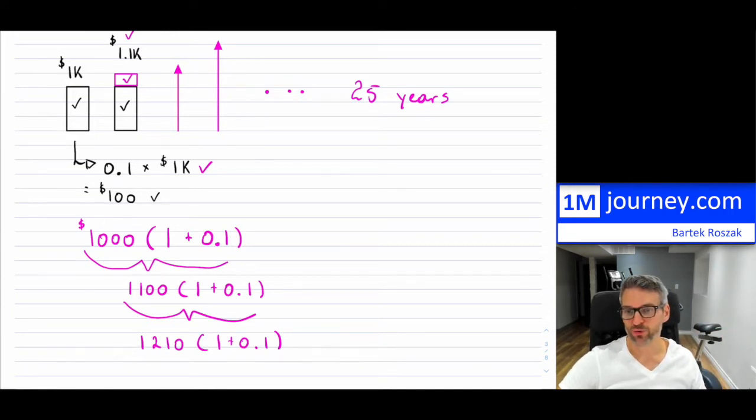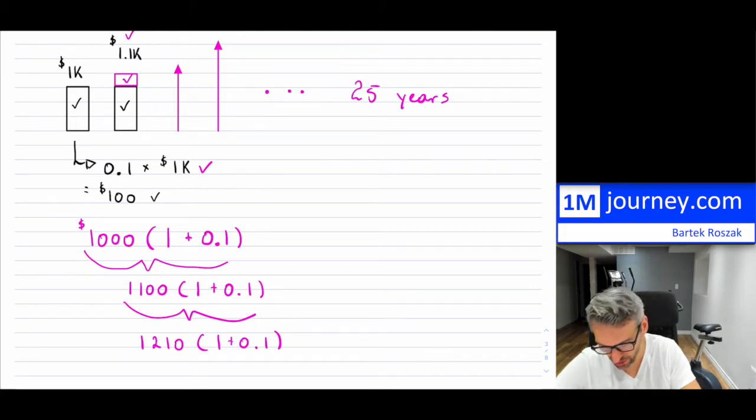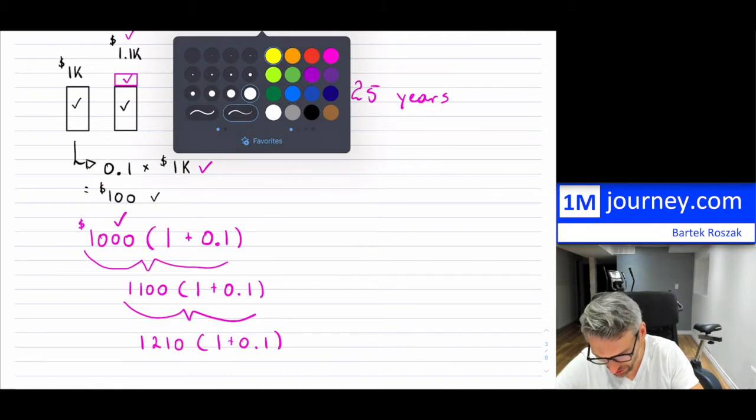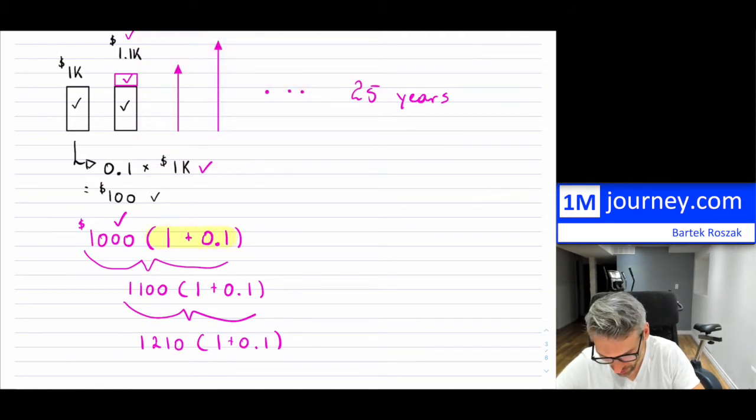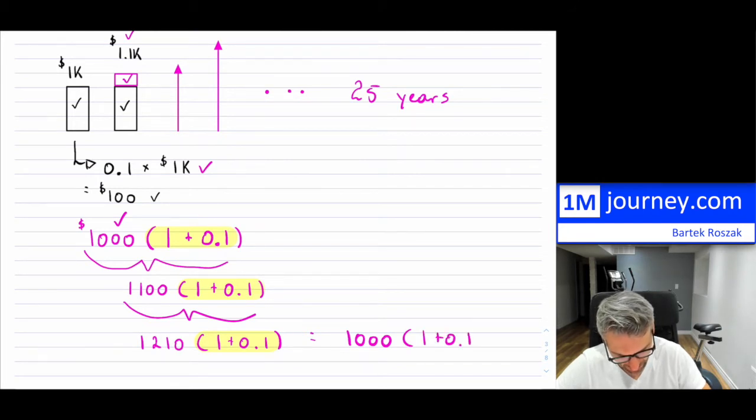In math, we notice there's some pattern here, because we started with 1,000, and then we just keep multiplying by 1 plus 0.1, which is adding 10%. So after 3 years, the value is simply 1,000 multiplied by 1.1, but done once, twice, 3 times.